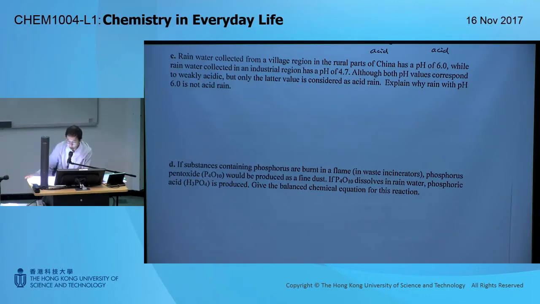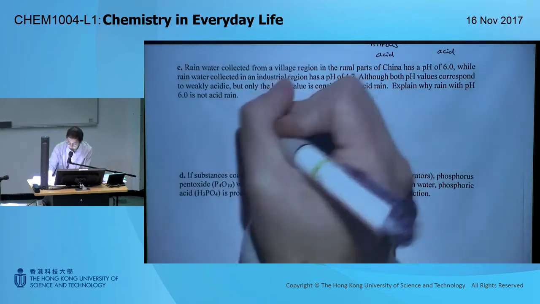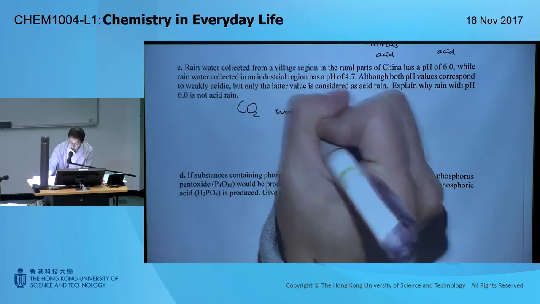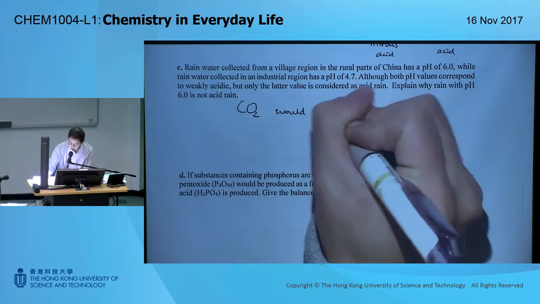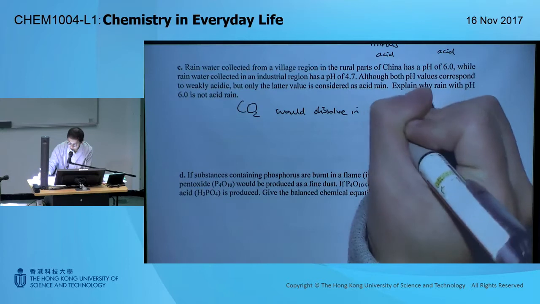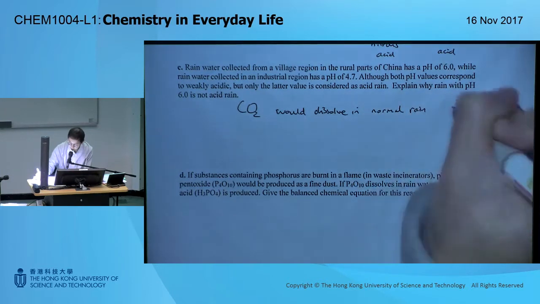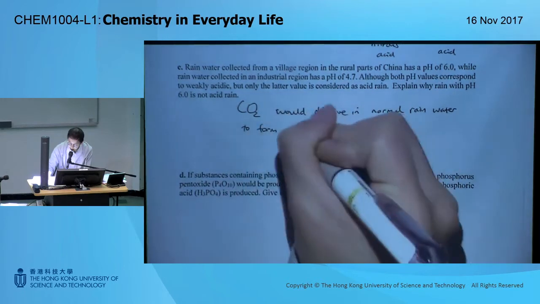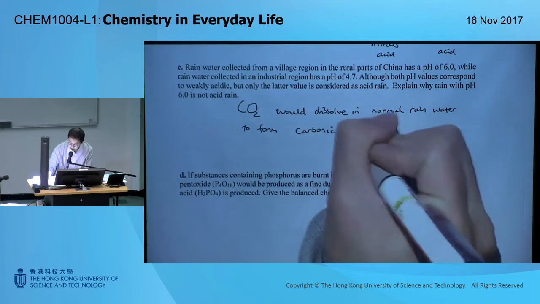Well, because normal rainwater also is slightly acidic because of the carbon dioxide, right? So carbon dioxide will dissolve in normal rainwater to form carbonic acid, which is a weak acid.